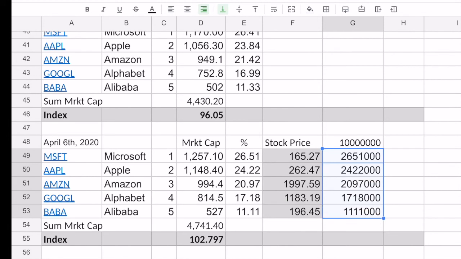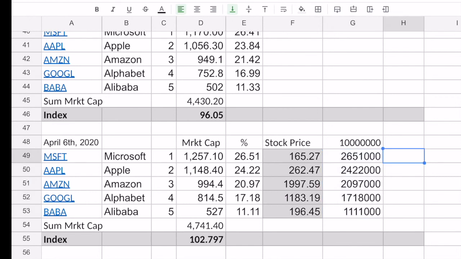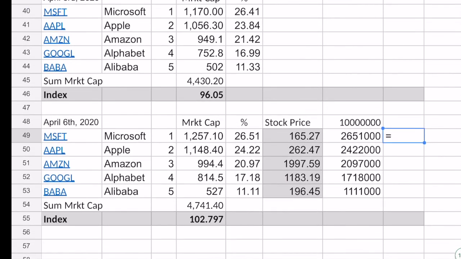So now if I wanted to know how many shares of each I would be buying, for example, of Microsoft, then all I would do is simply take the 26.51% of the $10 million that our fund has, and that would give me 2,651,000.